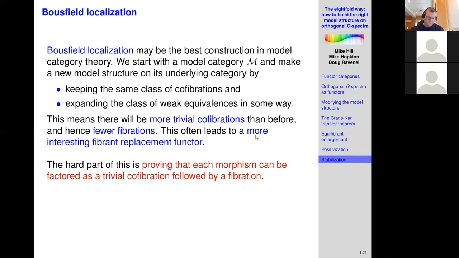Now, the hard part of doing this is you've got to prove that what you end up with is a model category. That means you have to prove that it satisfies the factorization axiom for a model category. In particular, you have to be able to prove that every morphism is a trivial cofibration followed by a fibration.